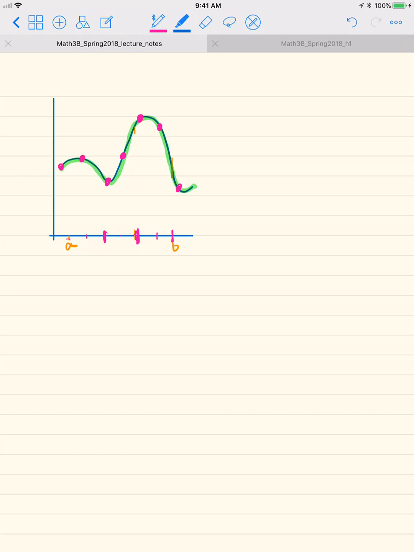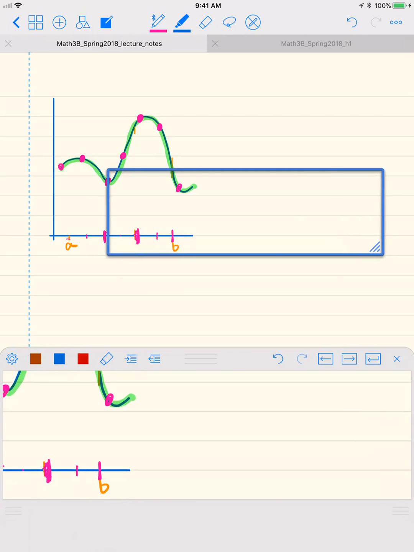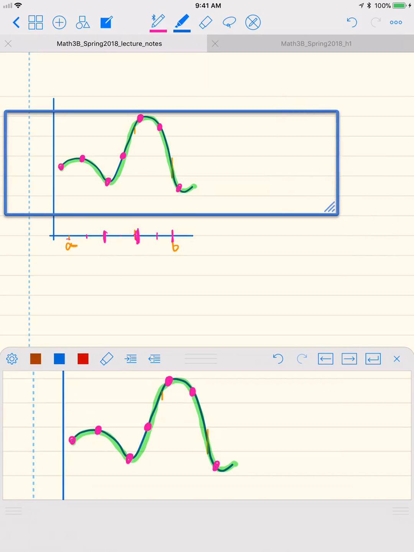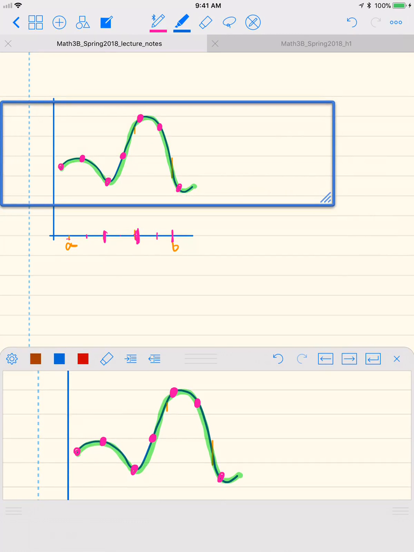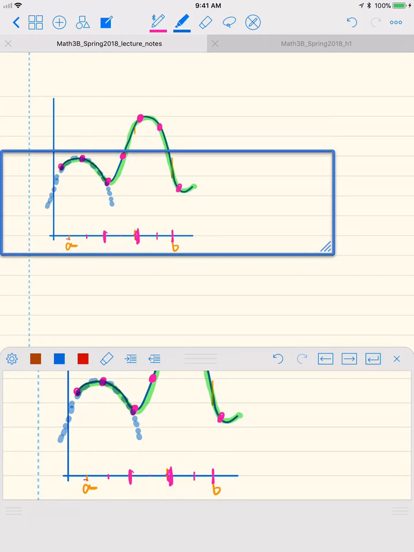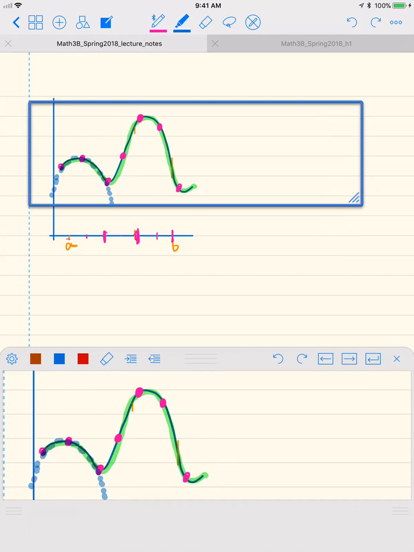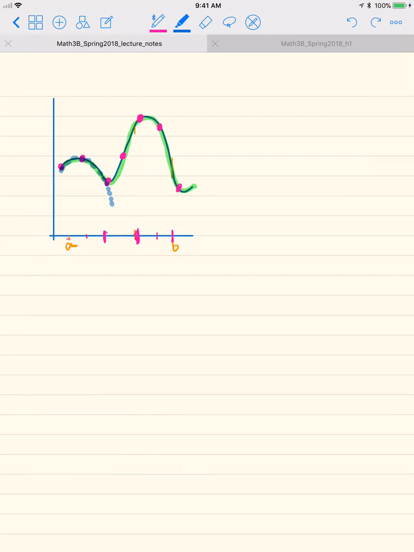Okay, so I think it's kind of hard with this, but I can kind of see what might be a parabola. Let me try to do that better. Yeah, so this might be a parabola.